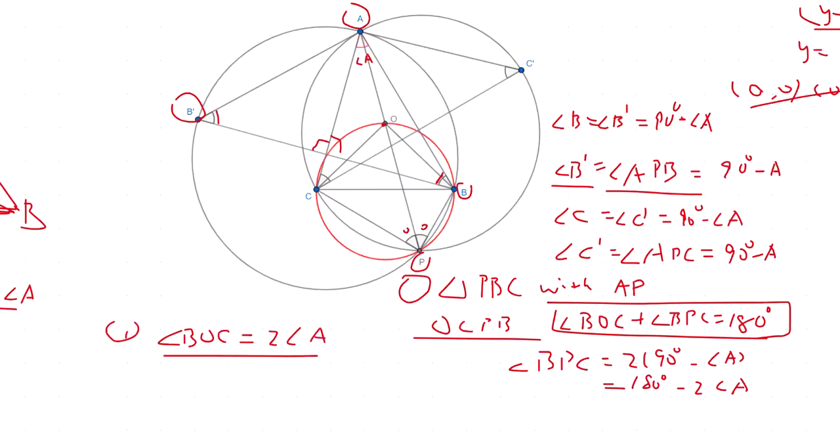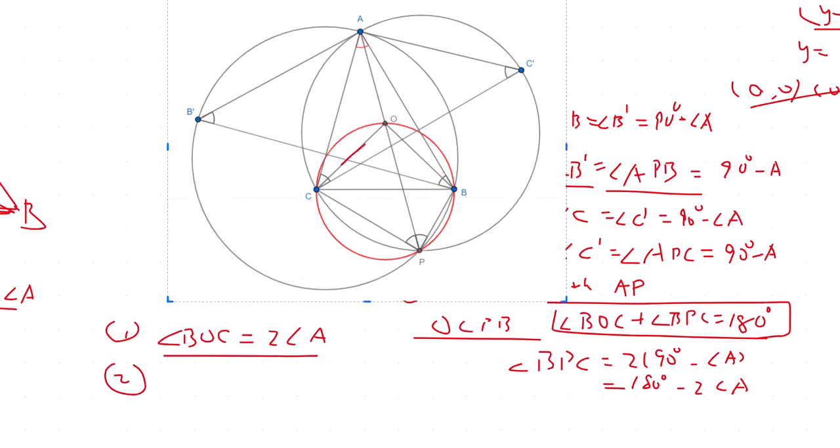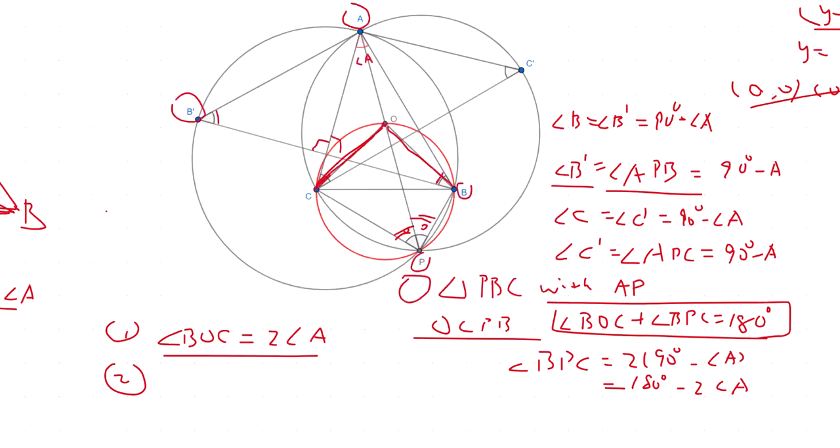Second condition: OC is the chord of this angle in the red circle, and OB is also a chord of this angle. And we know these two gray angles are equal to each other, right? So OC also equals OB, because the inscribed angles are equal, so the chords are also equal.